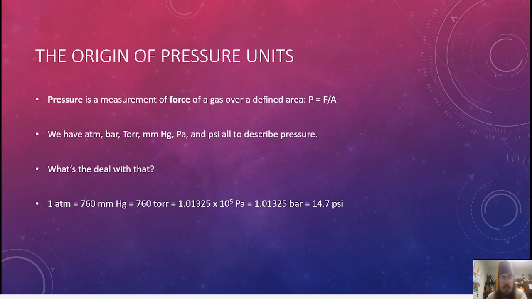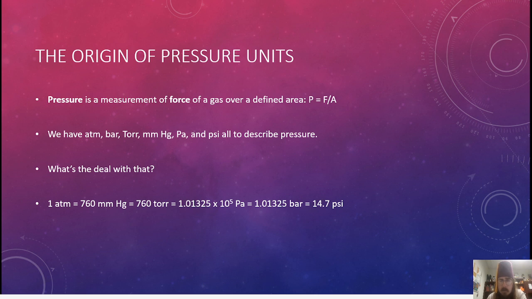So if you look right here, we have conversions. You can convert an atmosphere to a millimeter of mercury by just a factor of 760. You can also convert an atmosphere into torr by the same conversion factor. In terms of pascals, 1 atmosphere is technically 101,325 pascals.